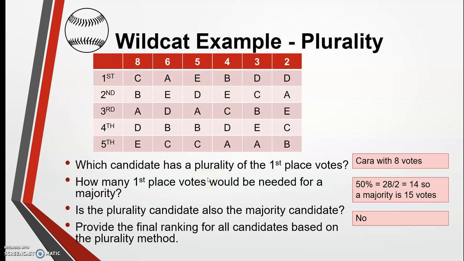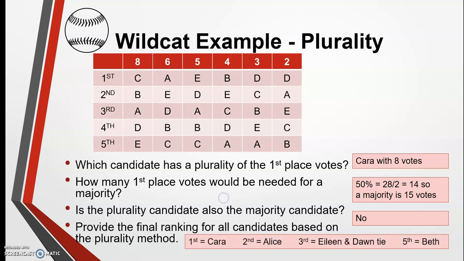For example, you might use a tiebreaker of whichever candidate has the lower number of last place votes would then go in that third spot, or you might use second place votes to determine it, or you might use a different method altogether between those two that were tied. So you just have to have something that's clearly defined. So in this case, Kara gets first, Alice gets second, Eileen and Dawn tie for third, and Beth gets fifth.